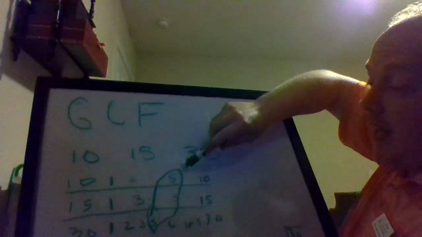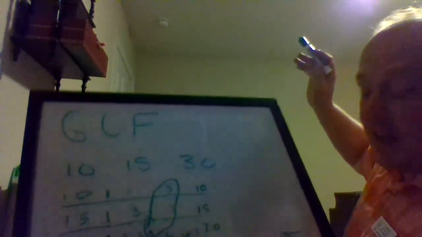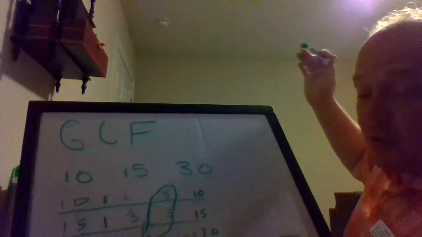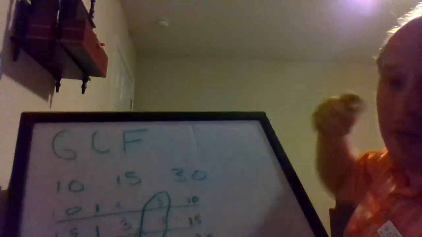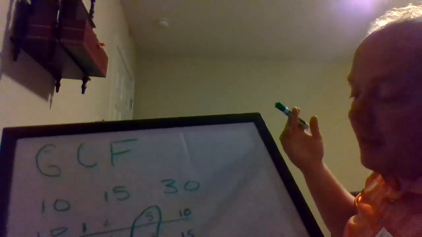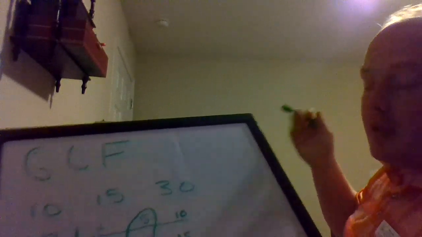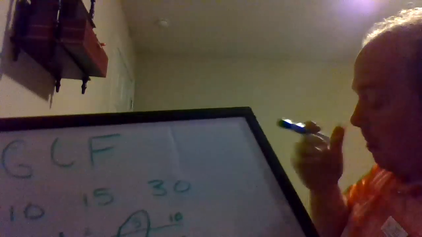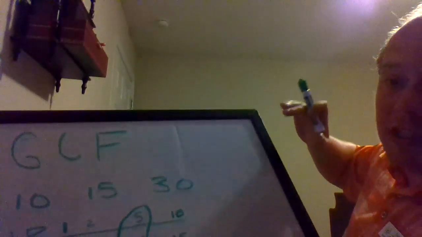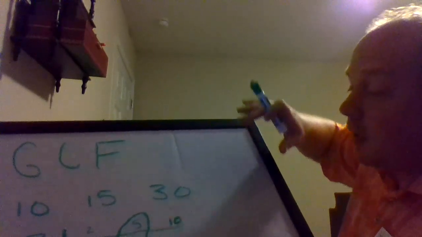And if you want to put a circle around that to remind you that the greatest common factor is 5, then that's great. And if you're confident and can remember it, then that's fine also. But just to show you, when you have 3 numbers, this is how you find the greatest common factor.